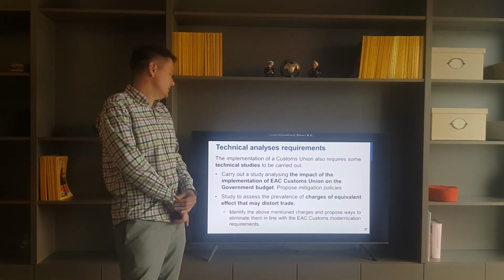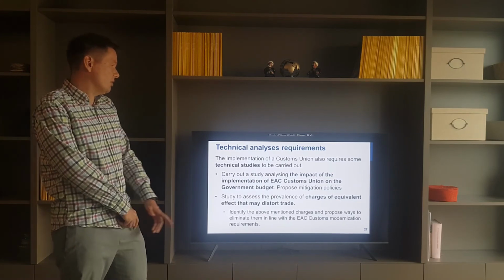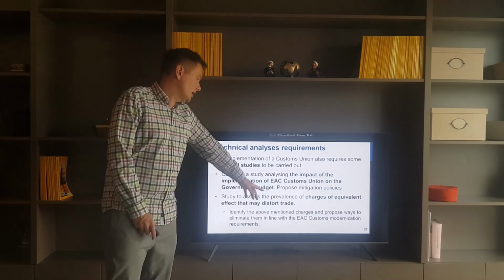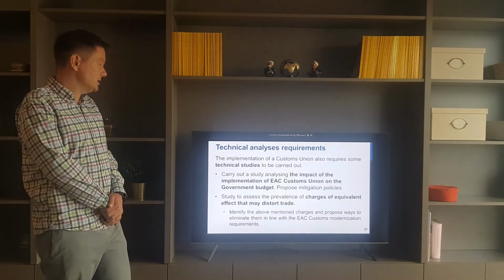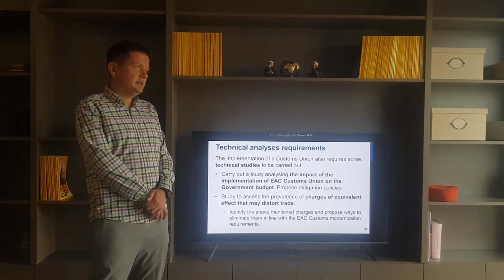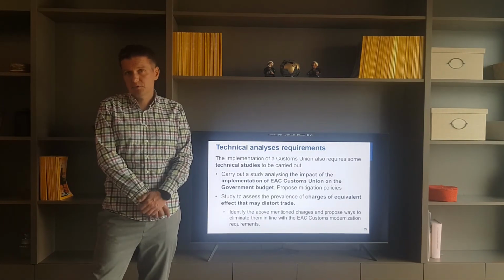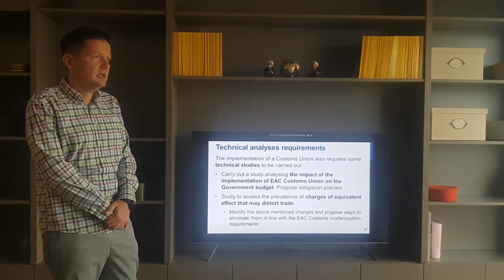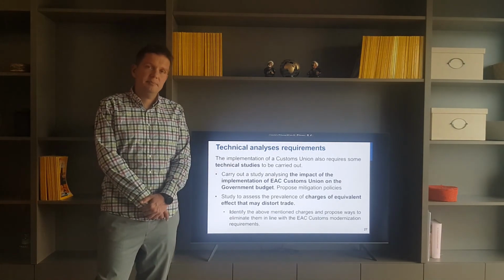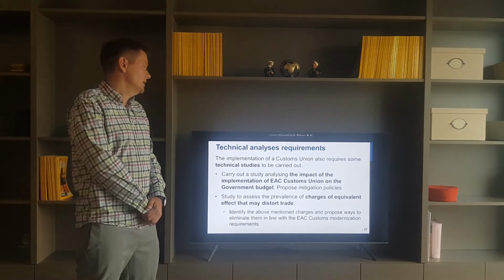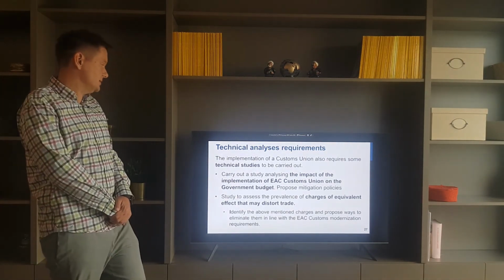First is a possible analysis of the impact of the Customs Union on the government budget, and such an analysis would need to propose mitigating policies. Those mitigating policies are about how, if the report finds a gap in financing of the budget, what would be the type of taxation that could mitigate the loss of government revenue due to a customs union in South Sudan.